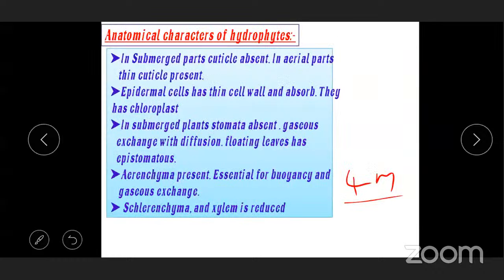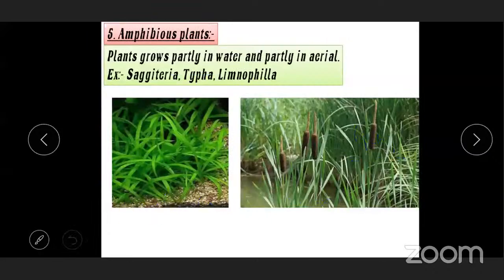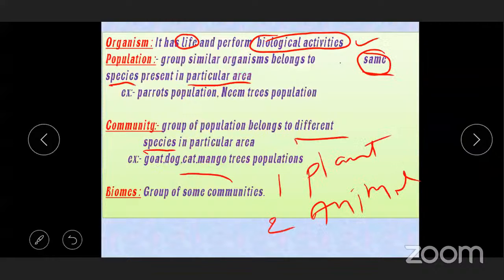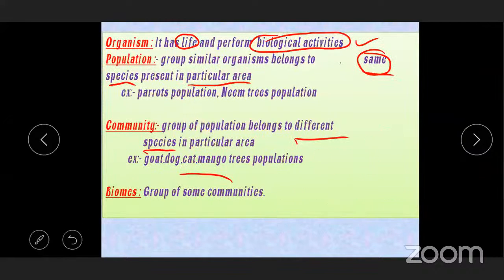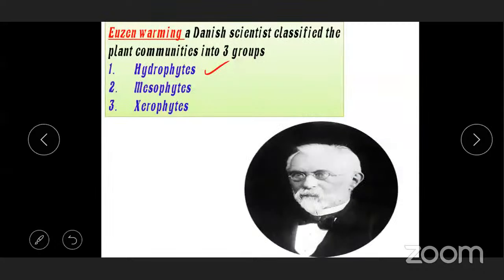So this is about today's class. What did we learn today? In today's class, we discussed the definitions of organism, population, community, and biomes, an introduction to ecology, halophytes, heliophytes, xerophytes, types and examples, and plant communities.